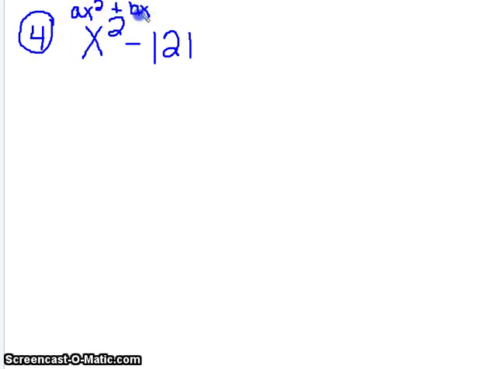I don't have a b, so that would have to be 0. And my c would be negative 121. We notice that x squared is a perfect square. And what is 121? Hopefully with your multiplication facts, you can remember that 121 is 11 times 11.